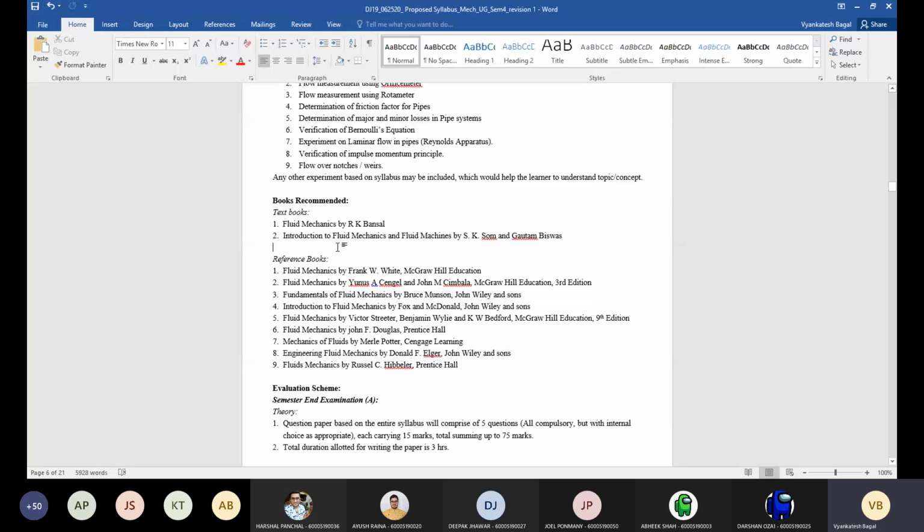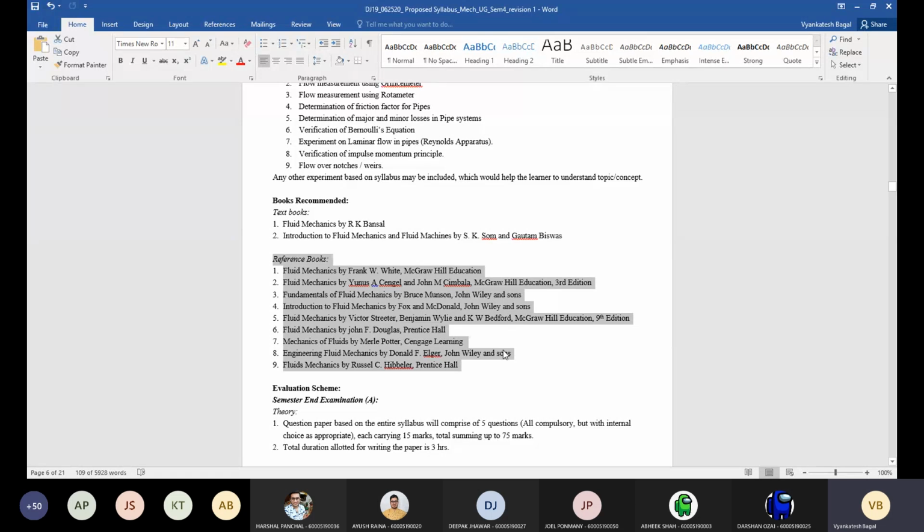However, I am not limiting myself, or suggesting you not to go beyond these 2 books. When we talk about the theory part, when I actually start our syllabus, that time you will appreciate, when I bring the material on the screen, most of the material will be from these reference books. Most of the material, I said.